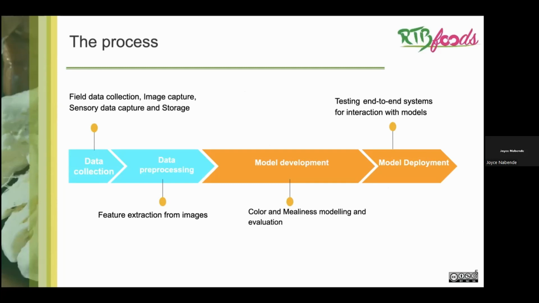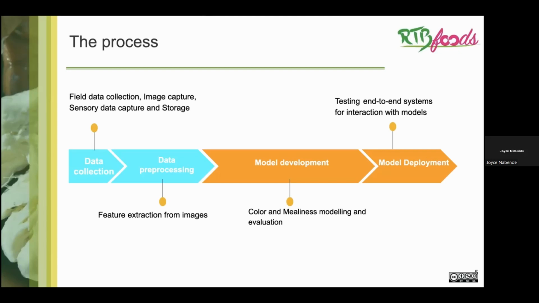This has given us a very good data set, but our focus here was on the sensory data capture and also ensuring that the data can be securely stored in a central place that can be accessed by everyone. And so we've been able to get data, as we'll see, from different sites in Uganda for sweet potato, and we've collected data for both the raw and the cooked sweet potato samples that we have used in our work.